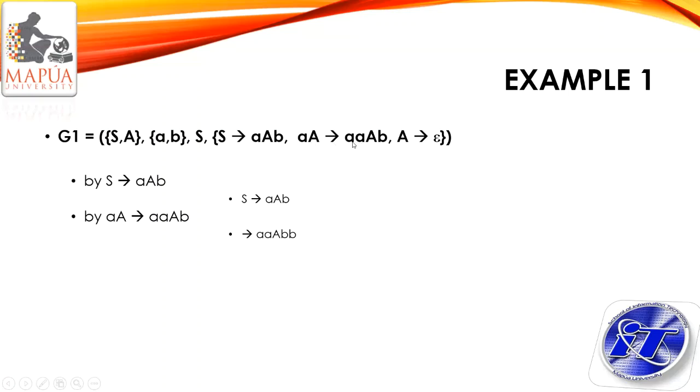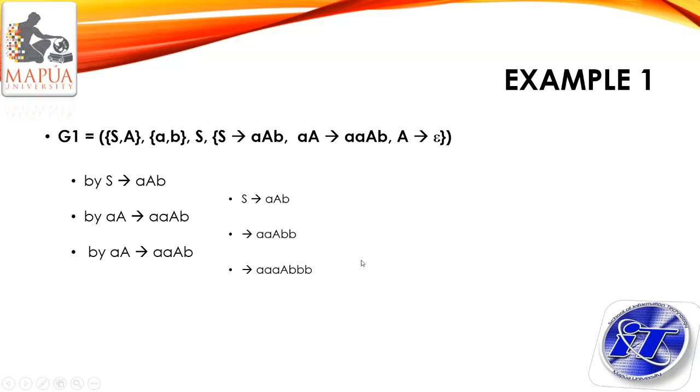The rule could be repeated, so we could apply the second rule for a A and replace it again. So we have three small a's, capital A, three small b's. Again, a A is replaced by a a A and then b.